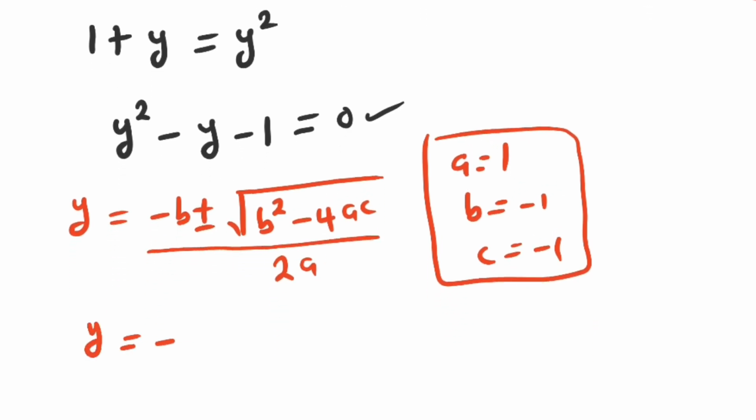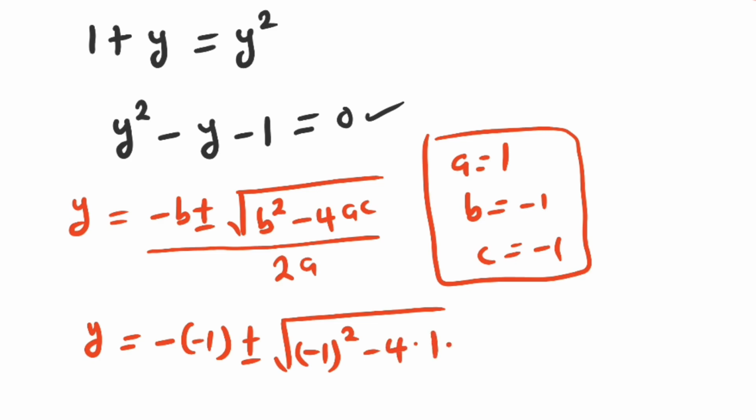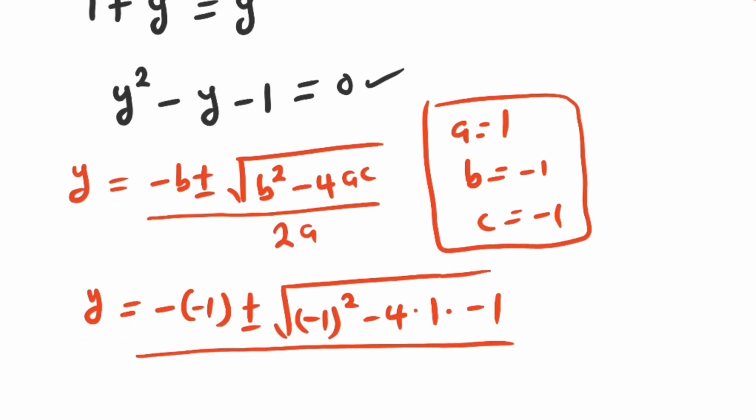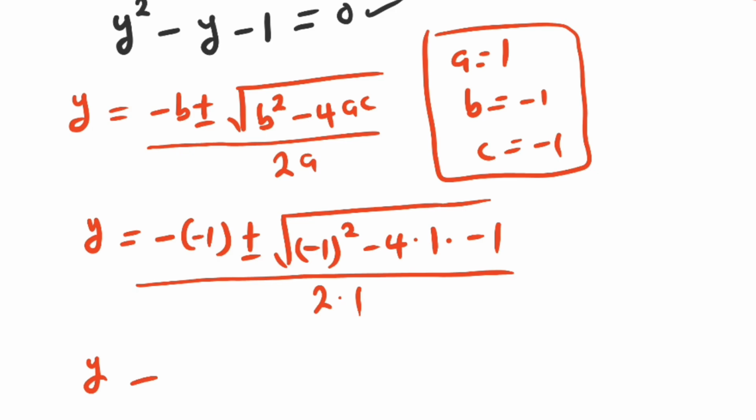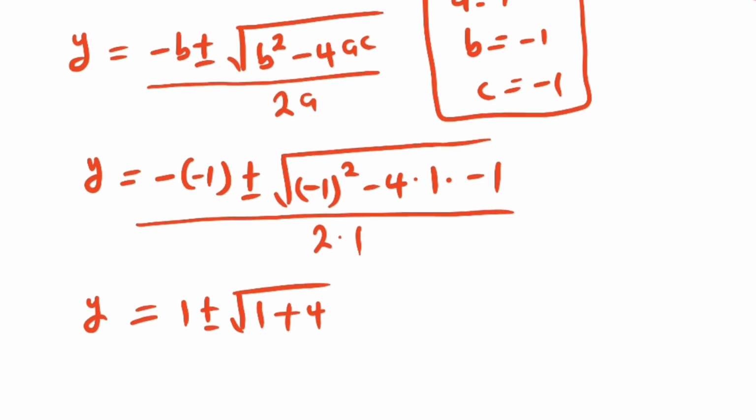y is equal to minus bracket minus 1 plus or minus square root of minus 1 squared minus 4 multiplied by 1 multiplied by minus 1, over 2 multiplied by 1. y is equal to minus times minus 1, this is 1, plus or minus square root of minus 1 squared, that is 1, minus 4 multiplied by 1 multiplied by minus 1, this is plus 4, over 2 multiplied by 1, that is 2.